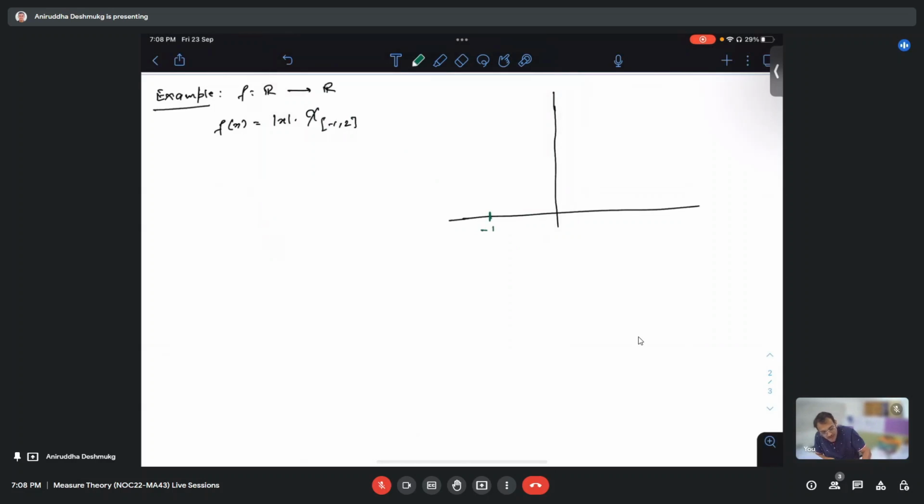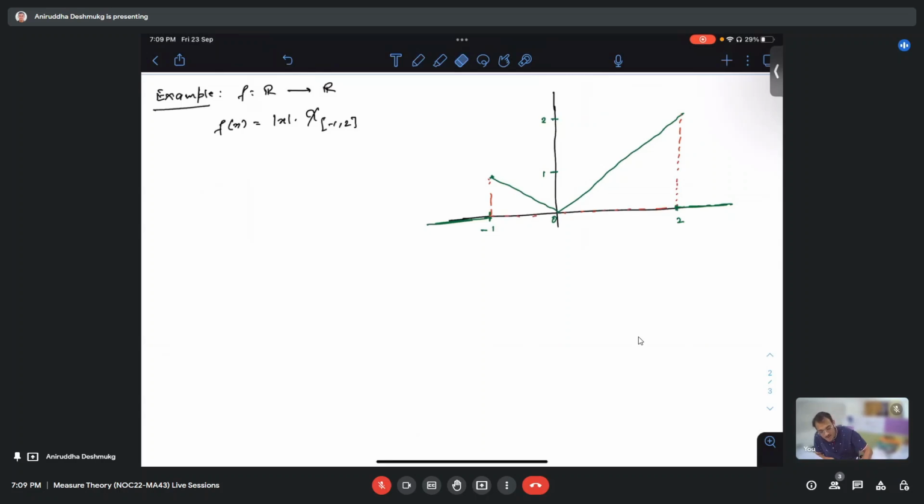So somewhere here is minus 1, somewhere here is 2. This is our 0, and this is 1, this is 2. So the function starts here, it goes to 0, and the function would end here. Everywhere else, before minus 1 and after 2, the function is 0. So it is not going to contribute to the area under the curve. What is going to contribute are these triangles formed by the green lines and the red dotted lines.